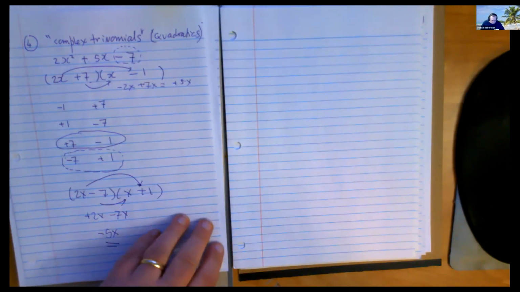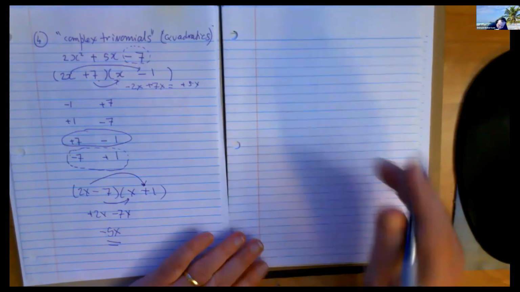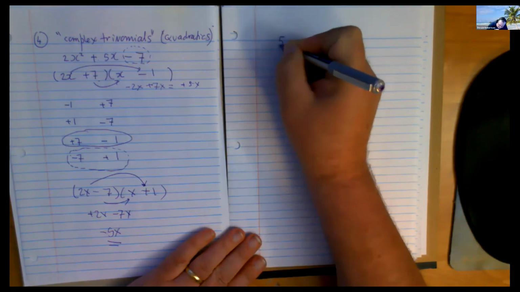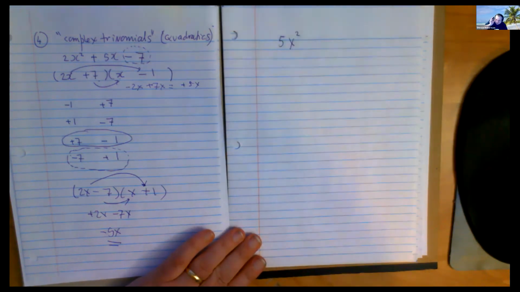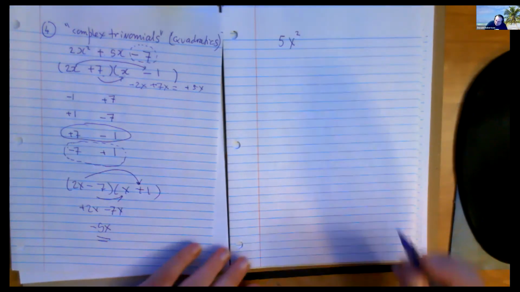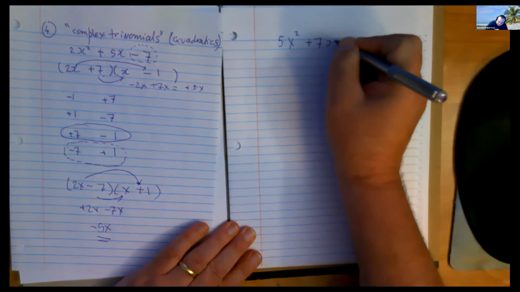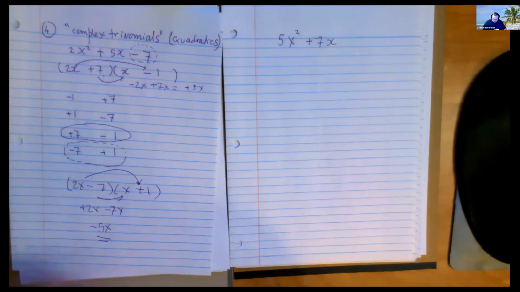Okay, I'm going to give you one to do, and then we'll move onto the last type. I'm going to be really nasty to you. Sorry about this, but if I give you a really hard one, then the easy ones are going to look great, right? So it's going to be a 5x plus a 7x, and now I'm going to cheat off screen.